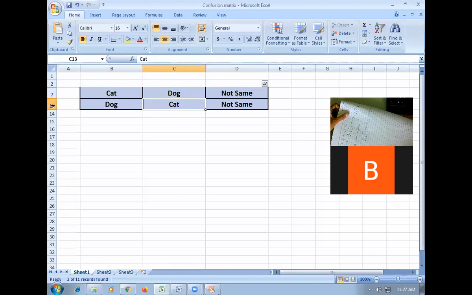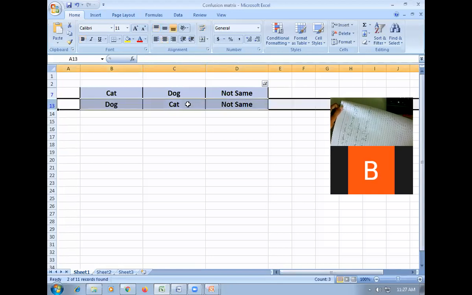So see this row in which the predicted class is cat, which is nothing but positive, and actual class is dog, which is negative. That means in our case the FP value is 1. Is it right?